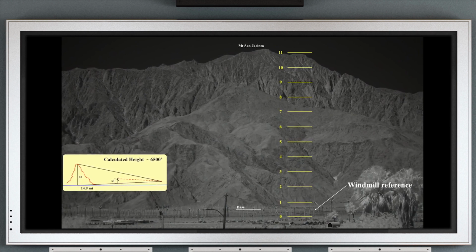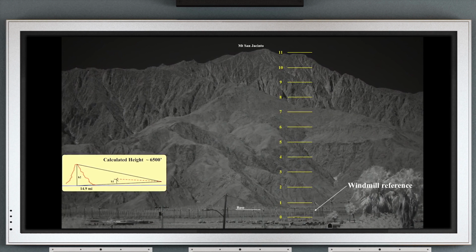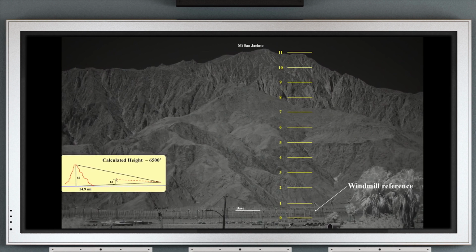He guesses that the wind turbines are 150 feet high and uses them to measure how high the mountain is. So what's the problem with that?